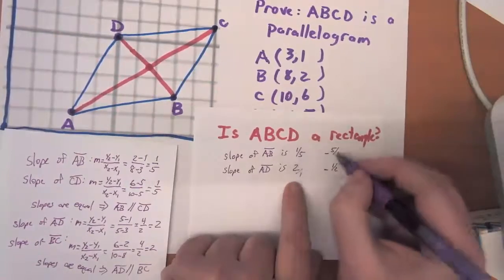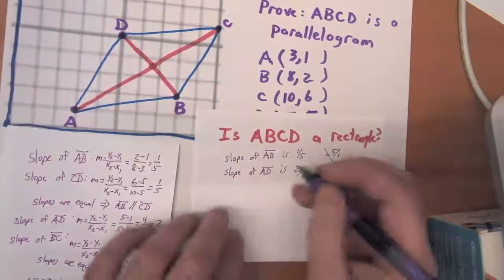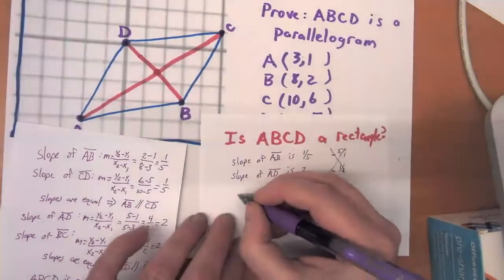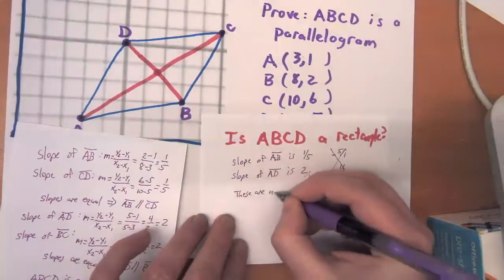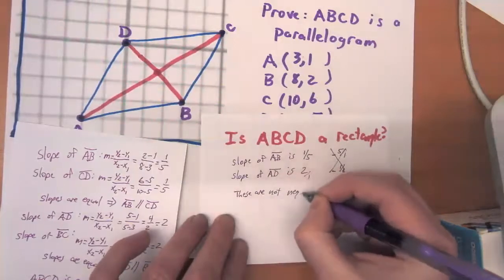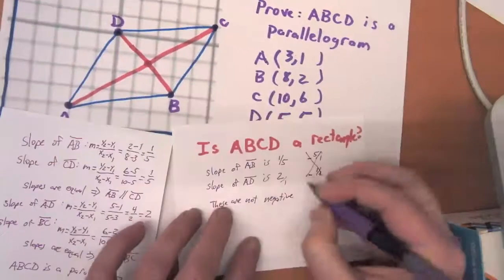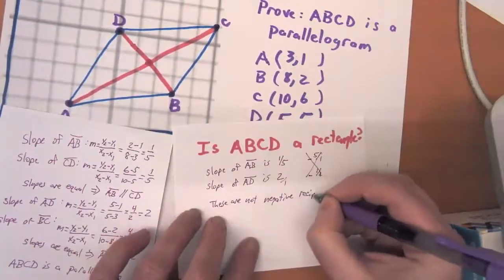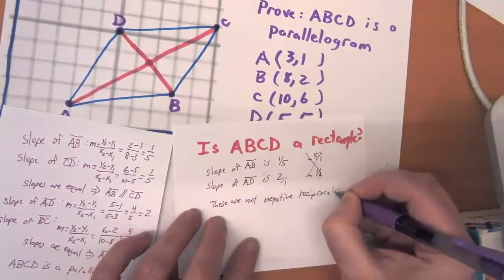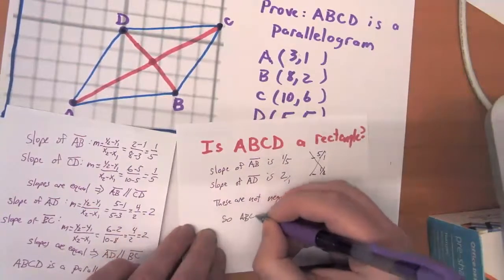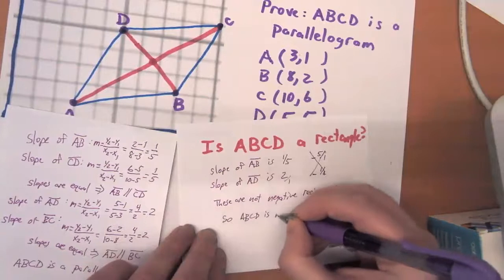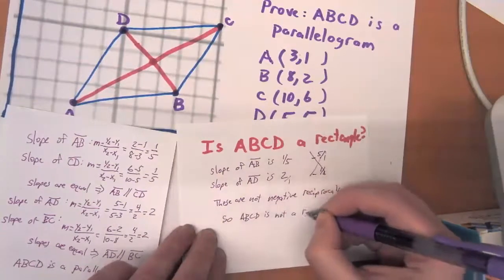And those aren't the relationships between the slopes of these two sides. These are not negative reciprocals. So ABCD is not a rectangle.